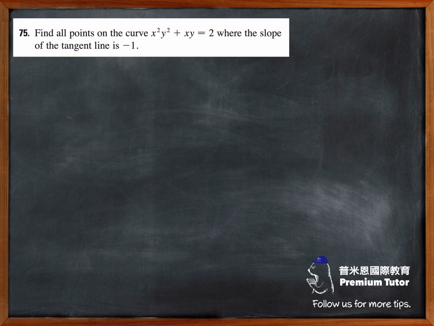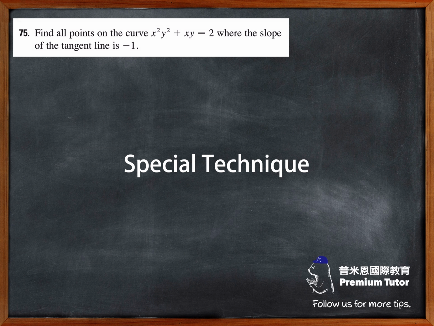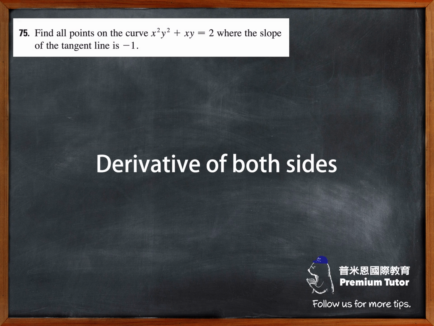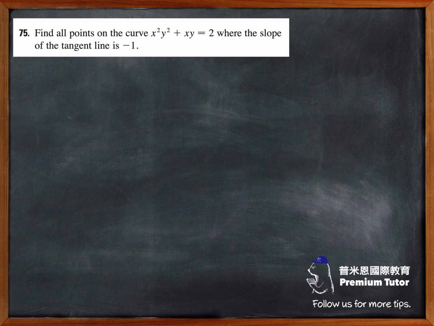So in order to deal with this kind of equation, we need a special technique called implicit differentiation. That means we need to take the derivative of both sides. So let's just get started. First, let's take the derivative of both sides.